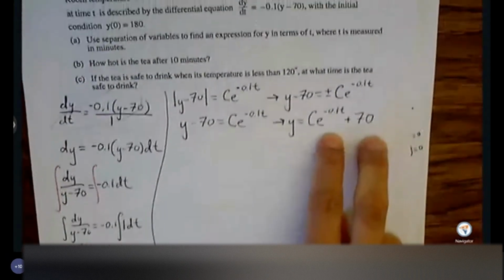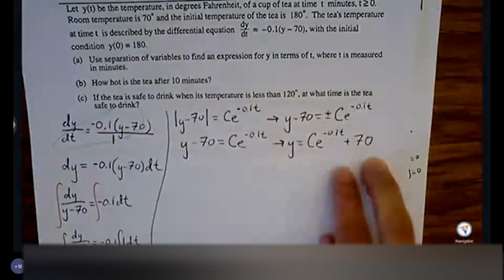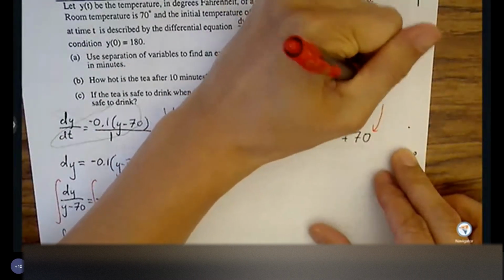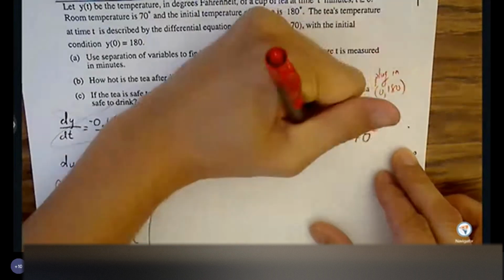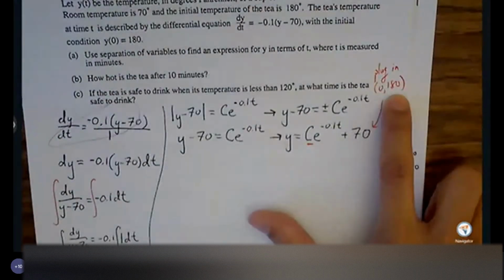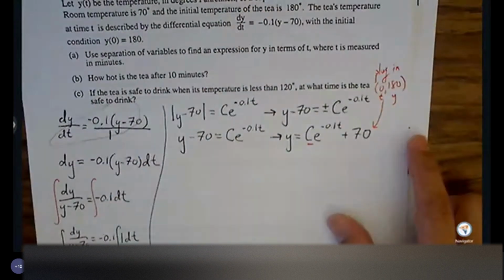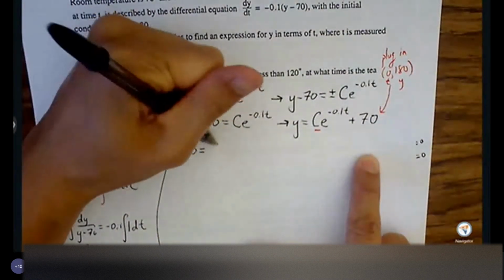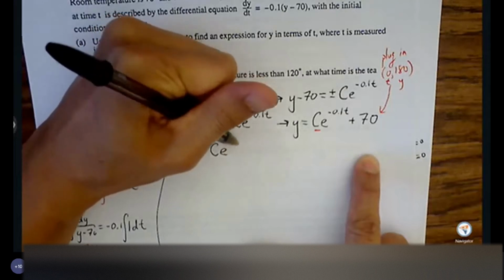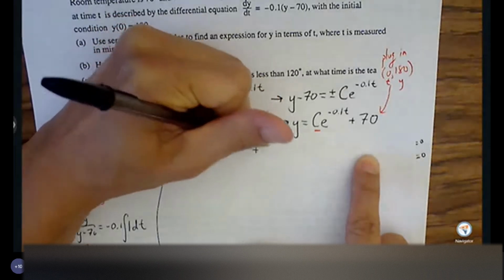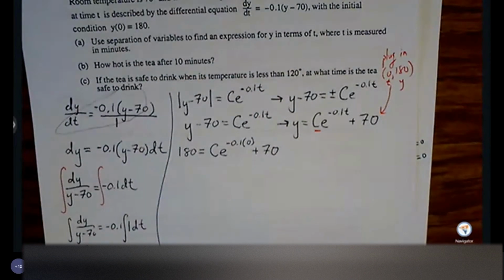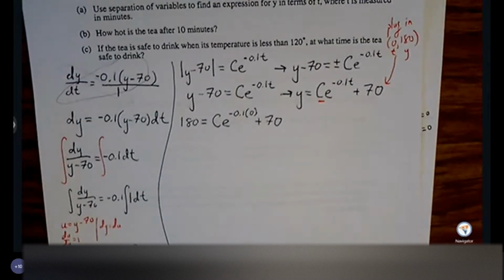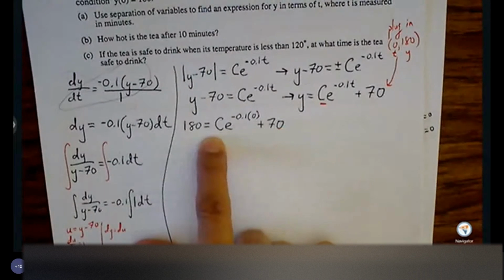Okay, so now we have our ordered pair that we can use here. 0, 180 helps us solve for c. 0 in for t, 180 in for y. Okay, subtract 70 from both sides.